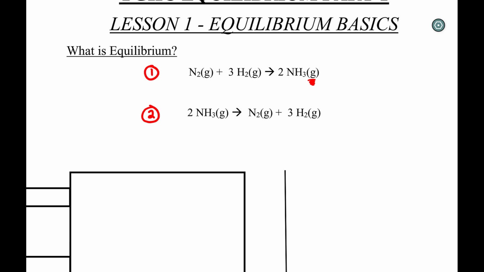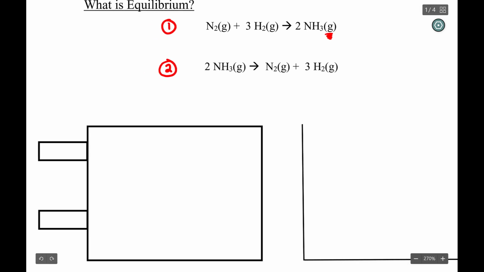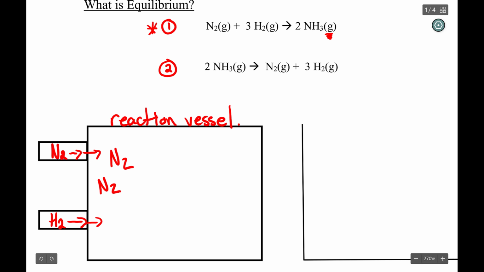Well, what I'm going to do is show you what equation number one would look like if I had a reaction vessel. So I'm going to call this thing a reaction vessel. And I'm going to say we're pumping nitrogen gas in here, and we're pumping in hydrogen gas in here, and it's entering into this reaction vessel. So what would happen is it would quickly start to flood with nitrogen gas as well as with hydrogen gas.